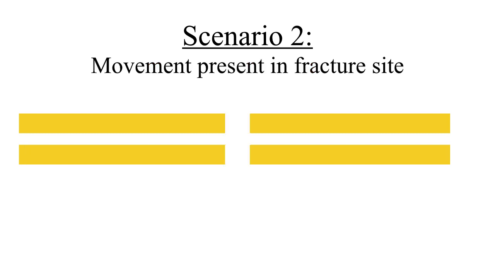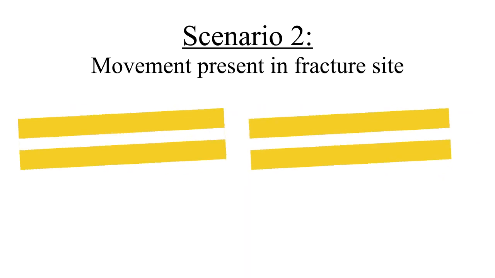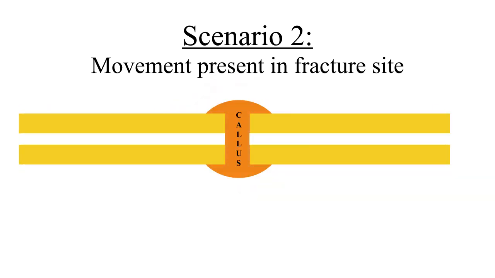Now coming to the second scenario, where there is movement occurring at the fracture site as shown in this picture. When there is movement occurring in the fracture site, there is a formation of callus. This callus is a reparative tissue that forms when there is movement in the fracture site, and this can happen when the fracture is treated conservatively or when it is treated using an intramedullary nail, where some amount of movement occurs at the fracture site even though an internal fixation in the form of a nail is used.